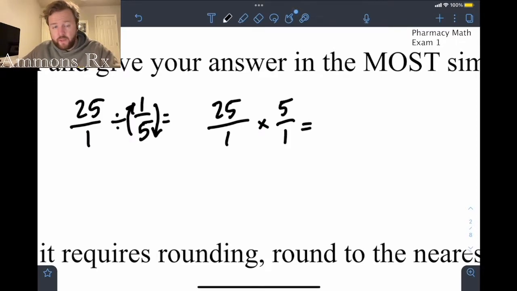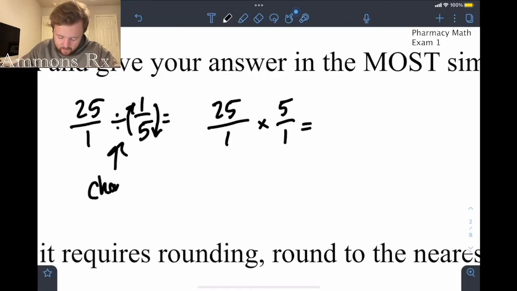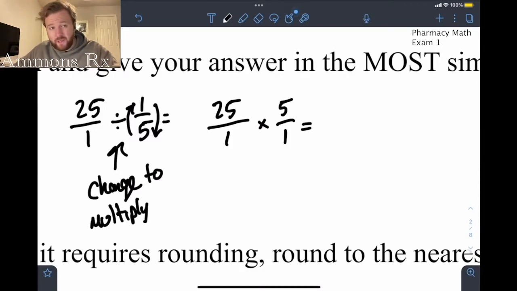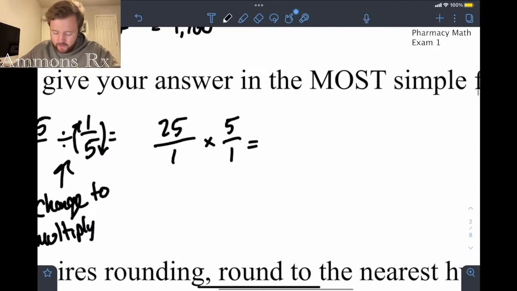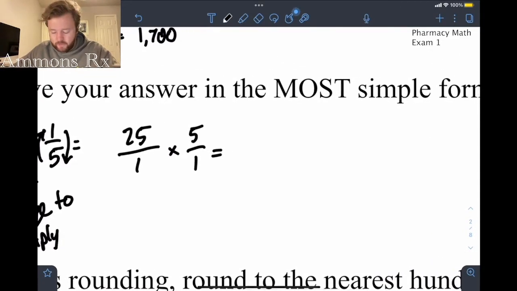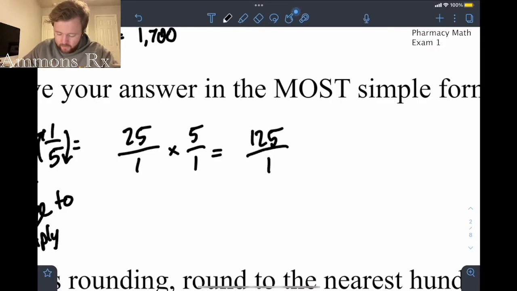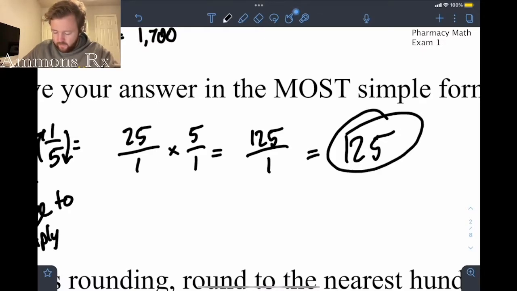Because remember, when I do that reciprocal action, I turn that into a multiplication symbol. So multiplication, super simple, 25 times 5, 125, and then 1 times 1 is 1, so that turns into 125.